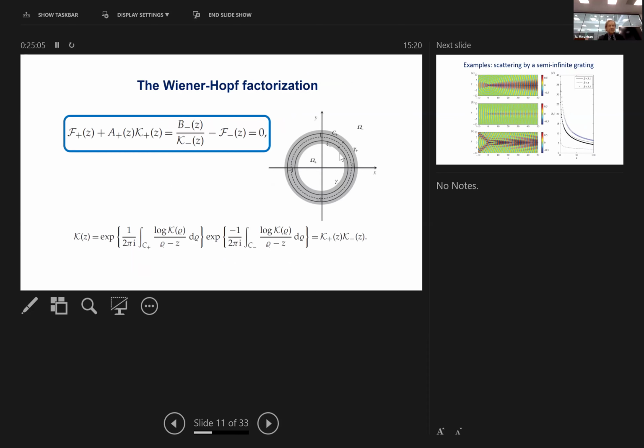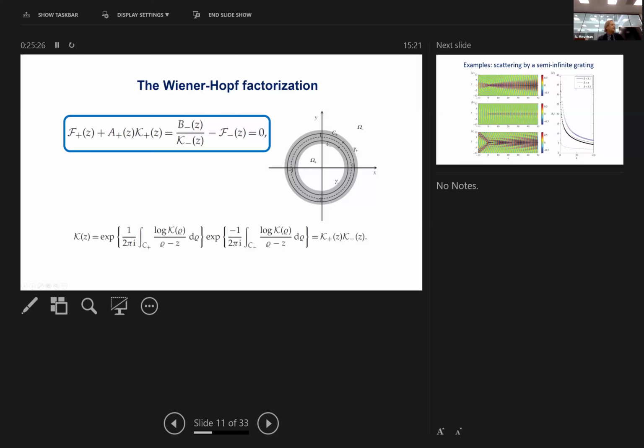Then there is a procedure, and maybe I shouldn't go through this in great detail, but it's the so-called Wiener-Hopf factorization. It's typical for problems related to semi-infinite intervals.